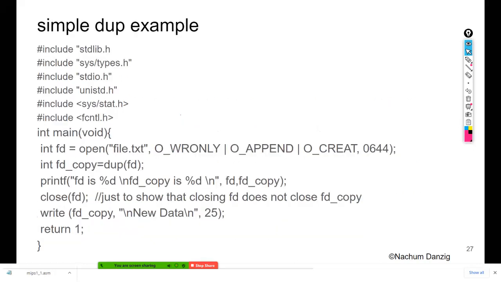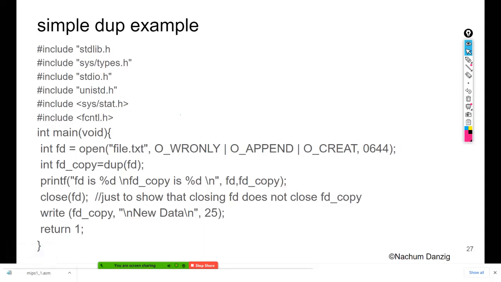So for example, I open a file, and I opened it with whatever flags I wanted, whatever mode I wanted, and I say duplicate FD. FD is what I got back. So I have FD copy. Now I have two file descriptors, FD copy and FD, that both point to this file.